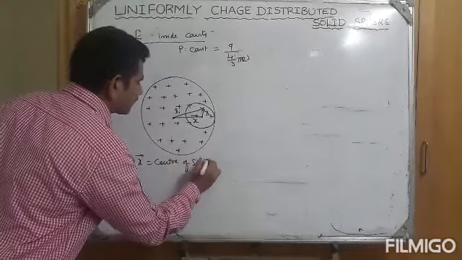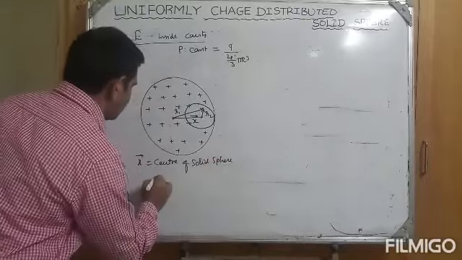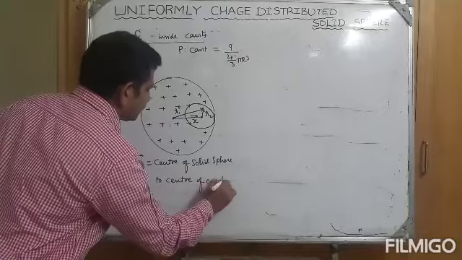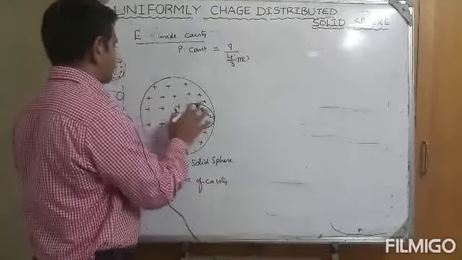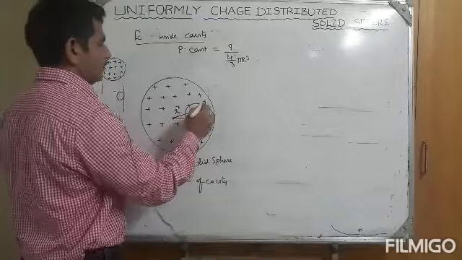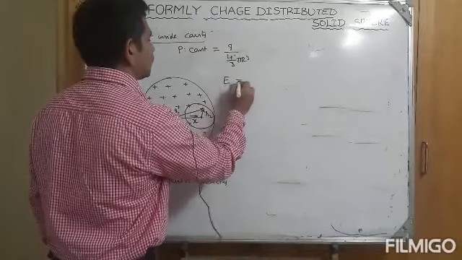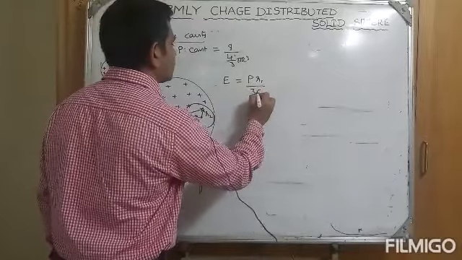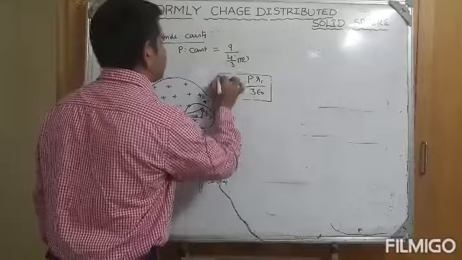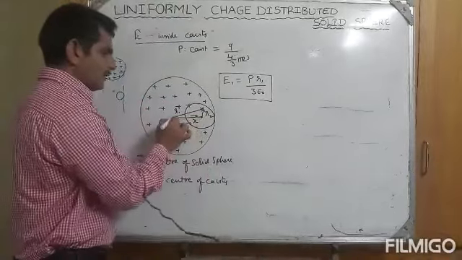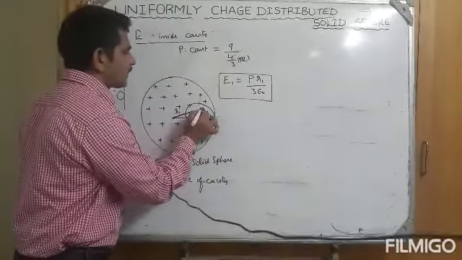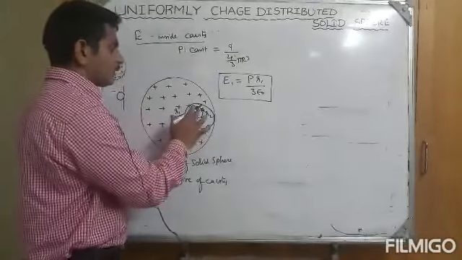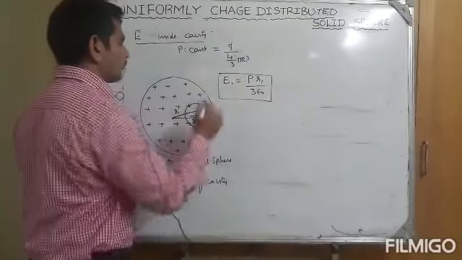If you consider this as one full object, at P, what is the electric field intensity created by this uniformly charged distributed body? You can take E1 is equal to rho R1 by 3 epsilon naught.